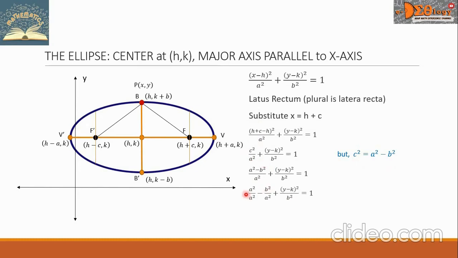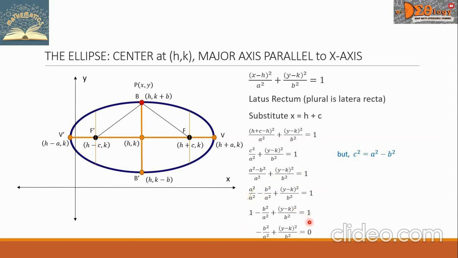So we have now a squared over a squared minus b squared over a squared. And the other parts of the equation, we will just copy here. We can simplify the a squared over a squared into 1. So here we go. And this constant 1 and the constant 1 on the right side will cancel each other.